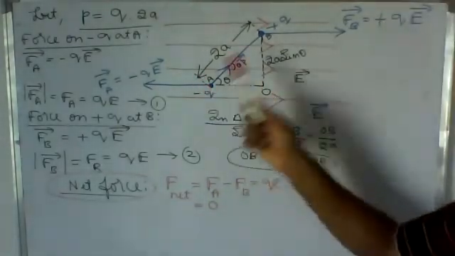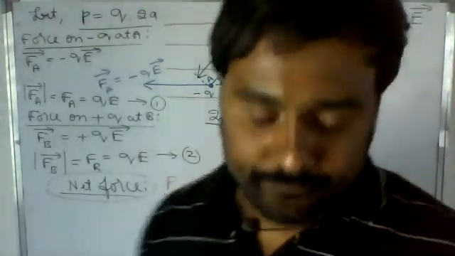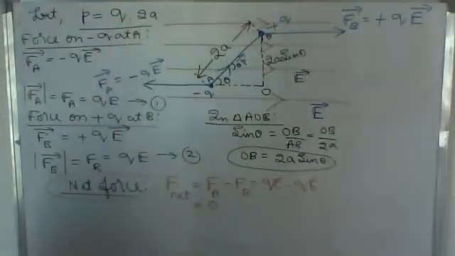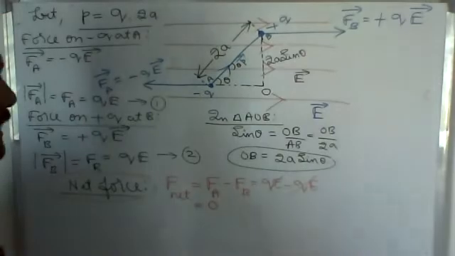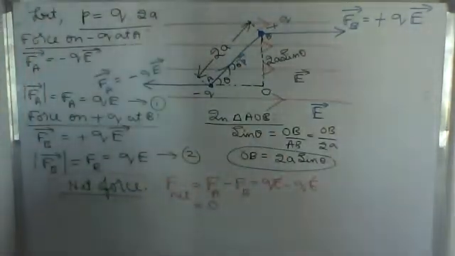But those forces produce torque, a turning effect. Torque is measured by taking the product of the magnitude of one of the forces and the perpendicular distance between the two forces.